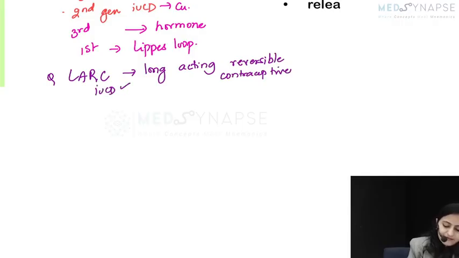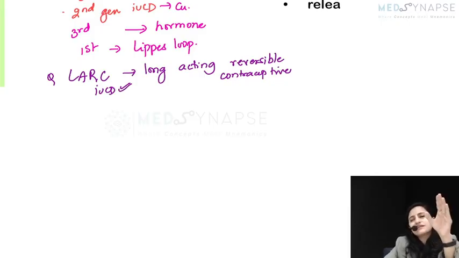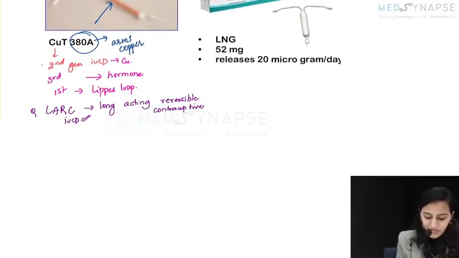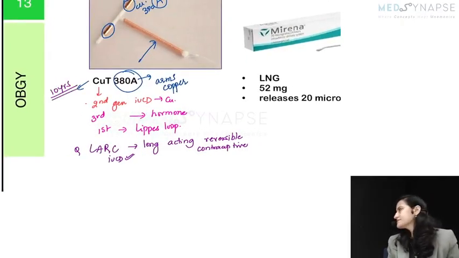Yes. They are long acting for years, but you remove them, it is reversible. Your sterilization techniques, will they be LARC? Sterilization is irreversible. Copper T 380A, what is the lifespan? 10 years. Right? Maximum 10 years.